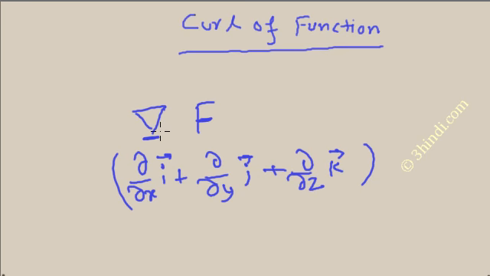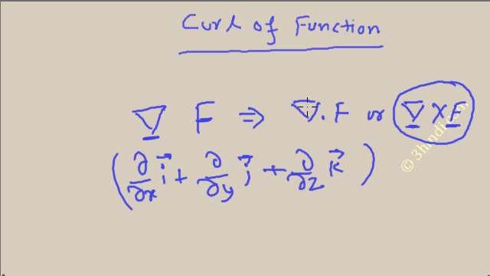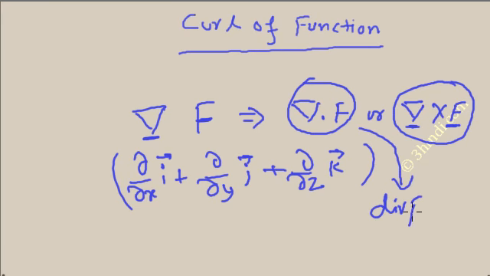You can multiply del with f in two forms, either the dot product of del with f or the cross product of del with f. This I have already explained. The dot product is called div of f, and if you multiply del with f with the cross product, it is called curl of the function.